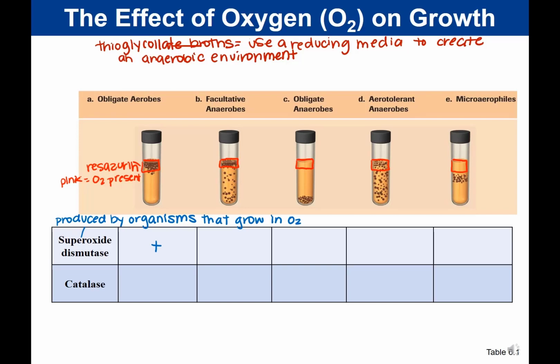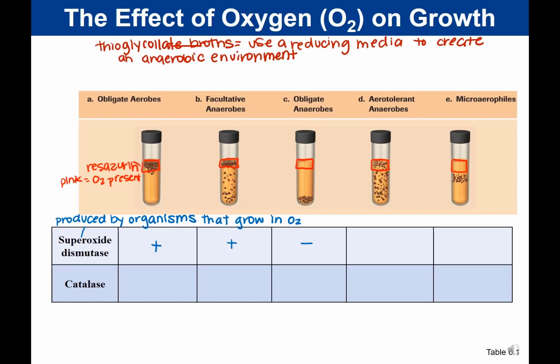Facultative anaerobes grow with and without because they grow where O2 is present. They will have their superoxide dismutase. Obligate anaerobes do not grow where O2 is found. They do not have superoxide dismutase. And so in this case, the organism is an obligate anaerobe.